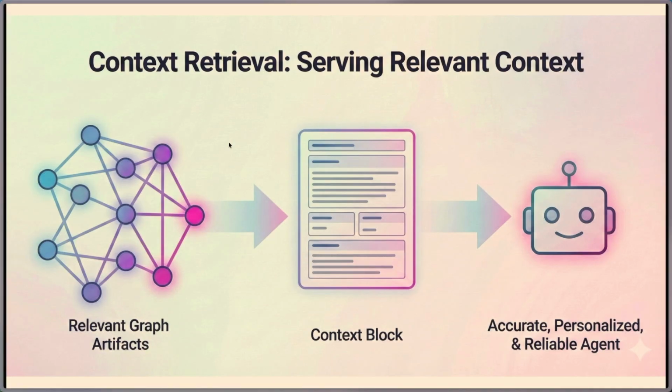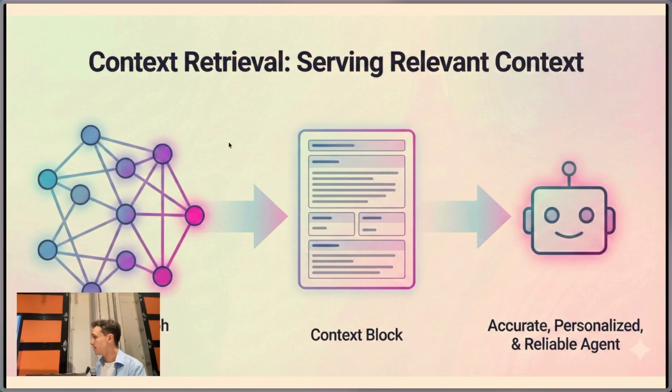If you don't have the context block, the agent would say, oh, what should the branch name be? But with the context block, it already knows what you want. Does that make sense? What questions are there about that?